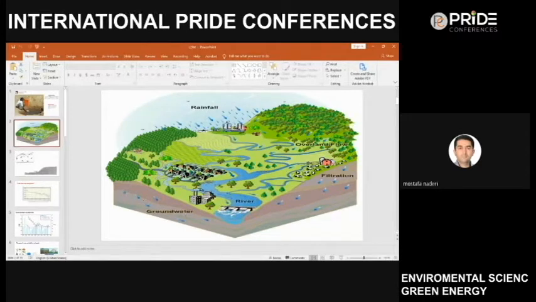Groundwater is also an important water resource, especially in arid and semi-arid regions where a river doesn't exist to support the ecosystem and human water use.